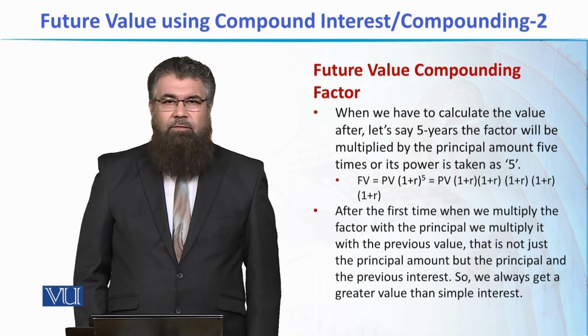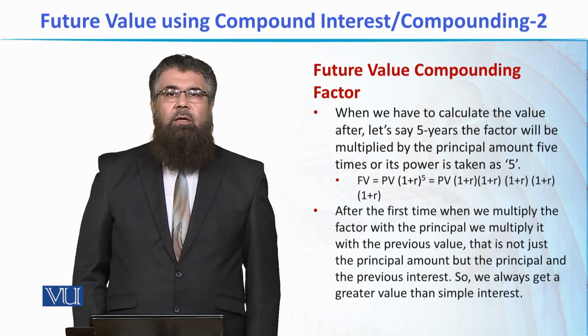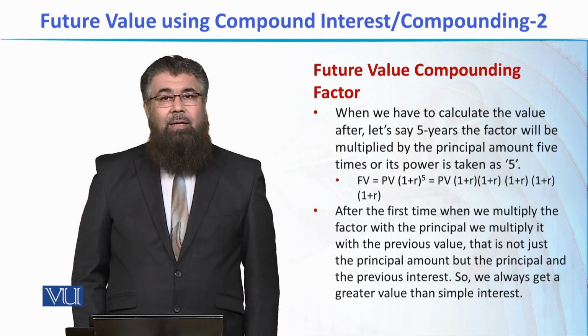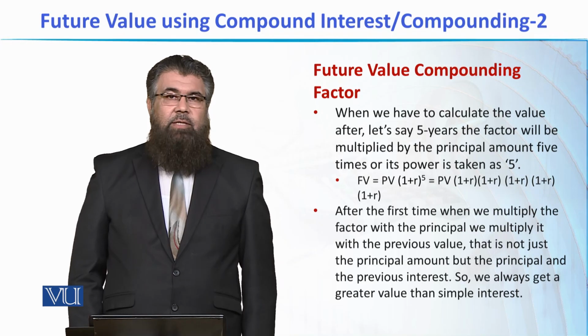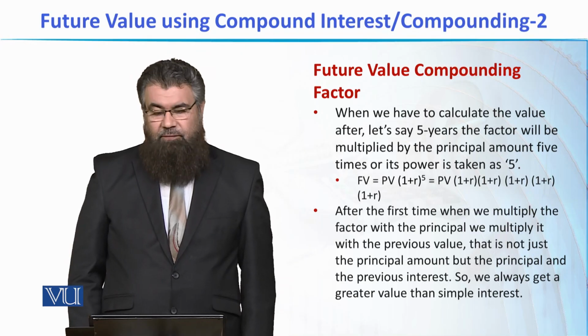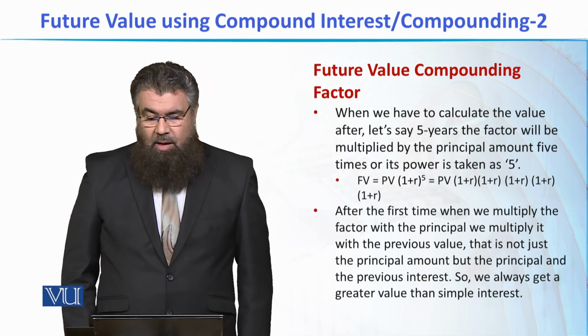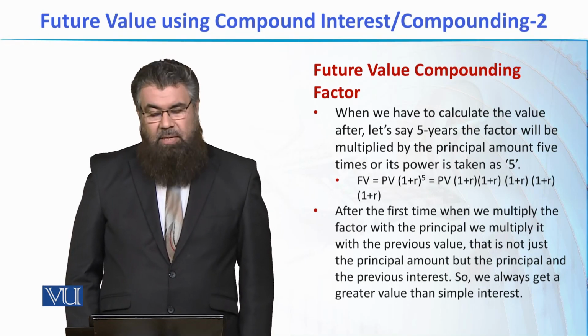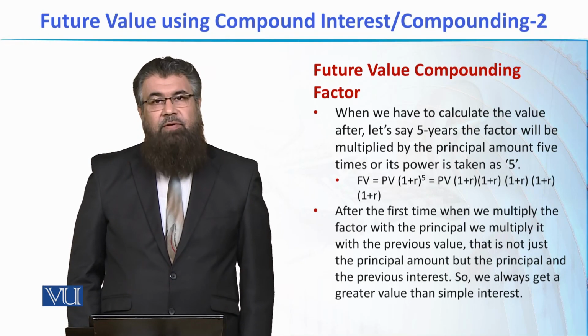So any number for n, 30, 40, 30,000, 40,000, 30 million, 40 million, any amount can be put here, and in one go, by using this future value interest factor with a given value of r and n, we can calculate the future value. After the first time when we multiply the factor with the principal, we multiply it with the previous value.